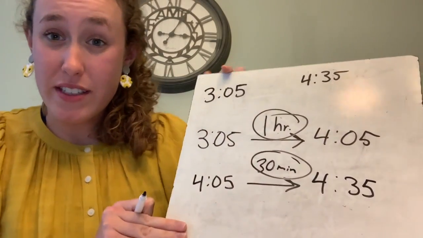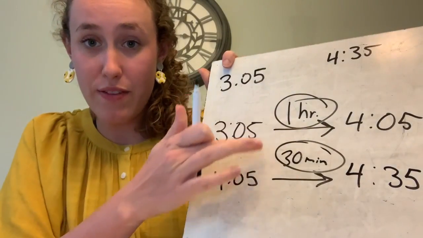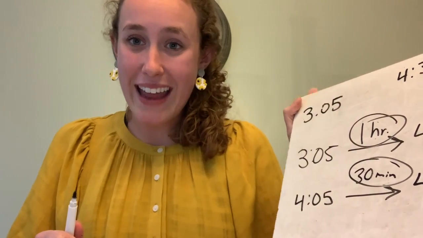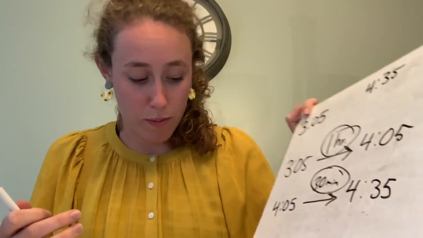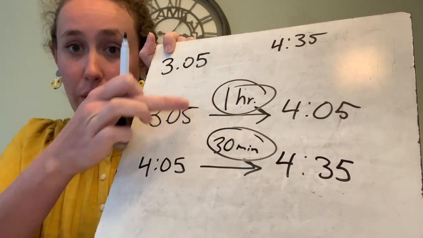If we add those together, we know that, as I have written on our page, 60 minutes plus 30 minutes, which is what we have here, that's 90 minutes of elapsed time, or in easier terms, we would say 1 hour and 30 minutes.